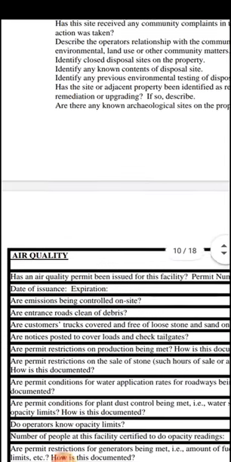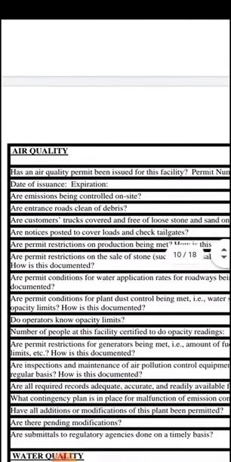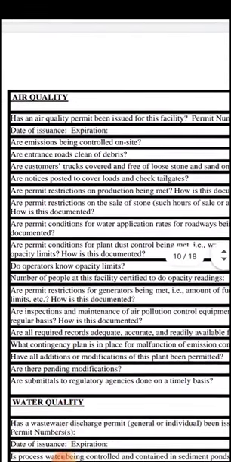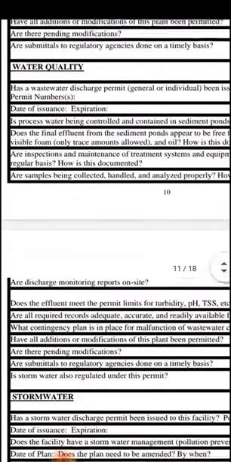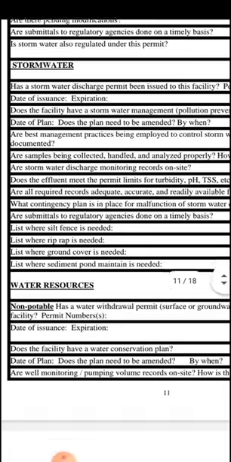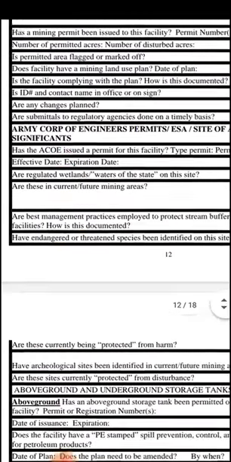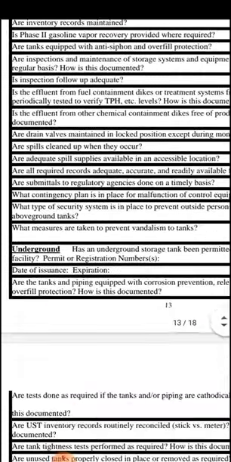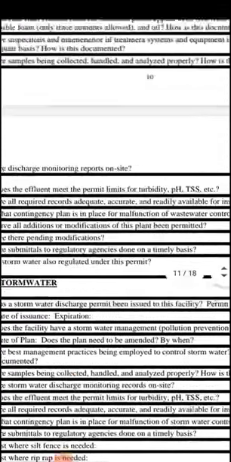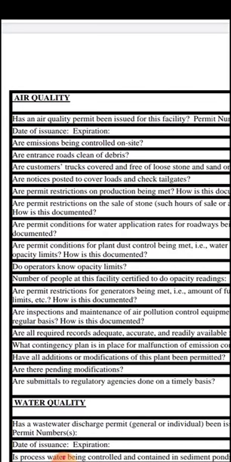Next is air quality, then water quality, storm water, water resources, and surface mining permits. All these are the basic environmental parameters which are going to have an environmental impact.